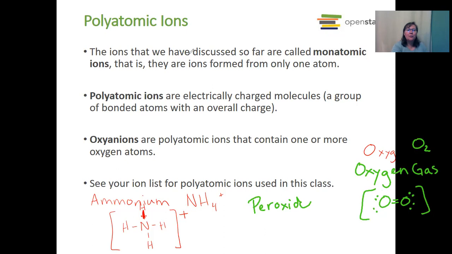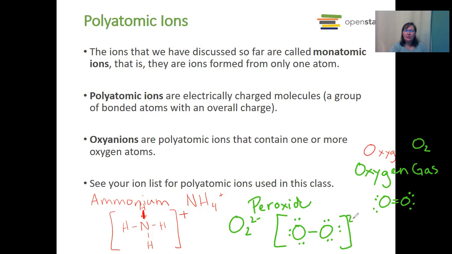Actually, I am going to take these off, because when we're doing Lewis dot structures, we don't draw them around molecules. So this is the molecule for oxygen gas, O2. Peroxide is O2 with a 2- charge on it. So you take those oxygen atoms like this, and it ends up with an additional couple of electrons.